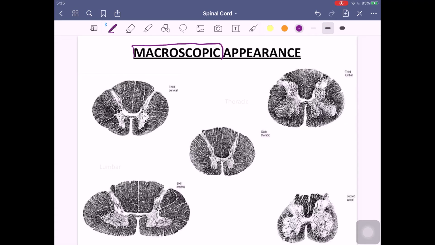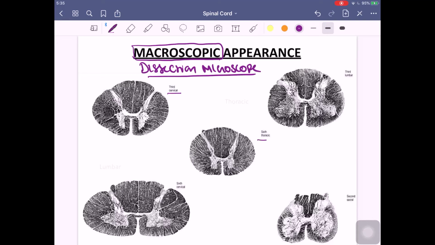Now this is macroscopic. Macro means with the naked eye: if you cut the spinal cord and look with the naked eye, this is what you will see, or at least using a dissection microscope. A dissection microscope is a different microscope where you don't achieve very high magnification, but you can see the gross anatomical specimen under it.